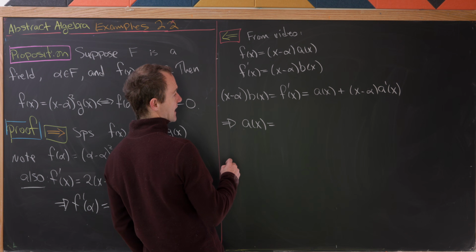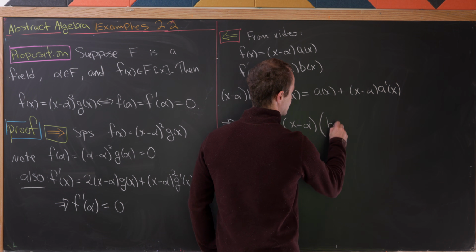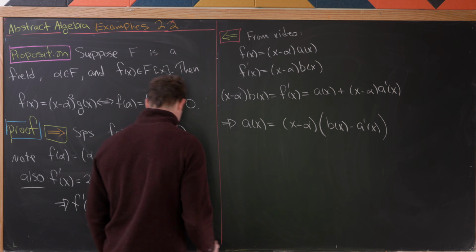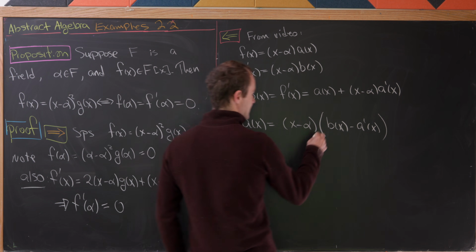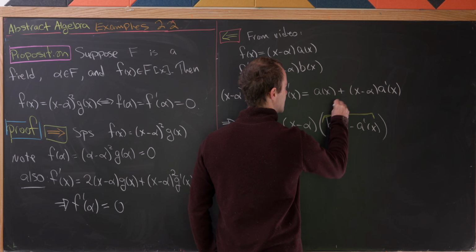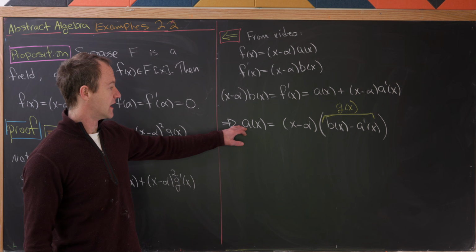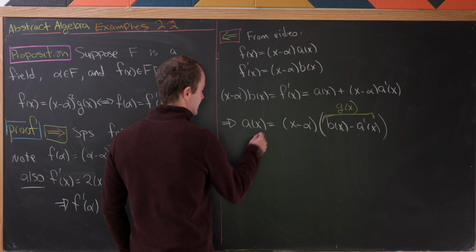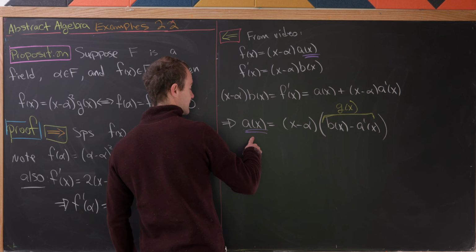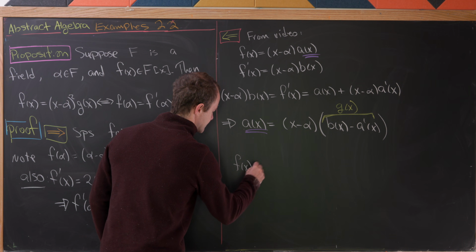Solving this for a(x), we'll get (x minus alpha) times (b(x) minus a prime(x)). But now let's set this b(x) minus a prime(x) equal to g(x). And if we do that and plug this version of a(x) up here, we will immediately have the result.